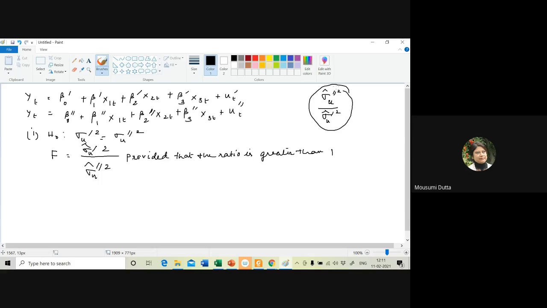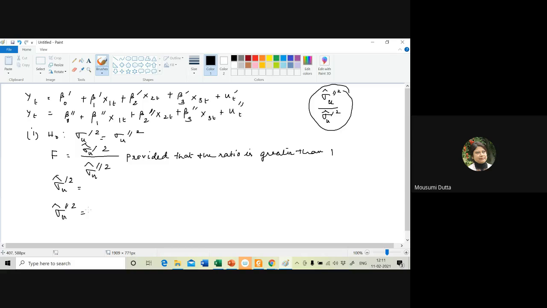Now, what is the value of sigma u hat prime square? How we will calculate this? What is the formula for s u square? RSS by n minus degrees of freedom, RSS by degrees of freedom.